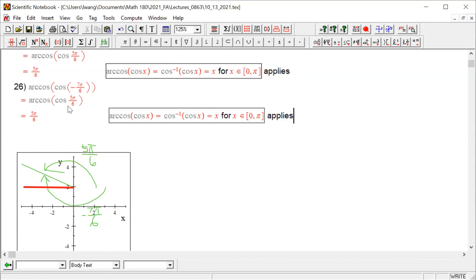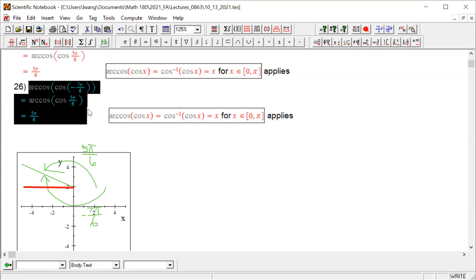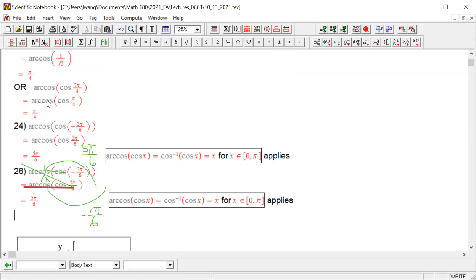Okay, but in the whole process, you know what you're getting. I'm going to repeat this one more time. When I see these questions, say 24, 26, I know the answer should be between 0 and pi. If someone gives me an answer outside that range, I don't need to look at the details. Why? Because I know the range of arccosine.